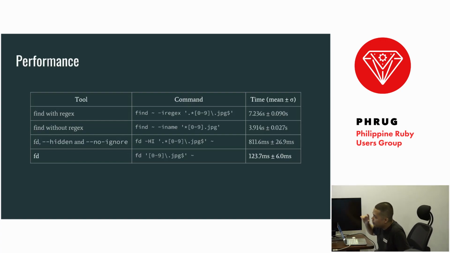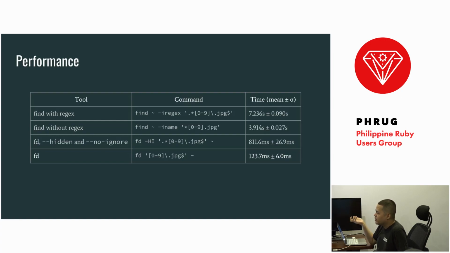So there are 4 different cases. So find with regex and find without regex. fd uses regex by default, so there's no without regular expression. And then in the third case, fd uses the hidden and ignore options, so that it's the same as find, because find doesn't ignore hidden files or the git ignored files.